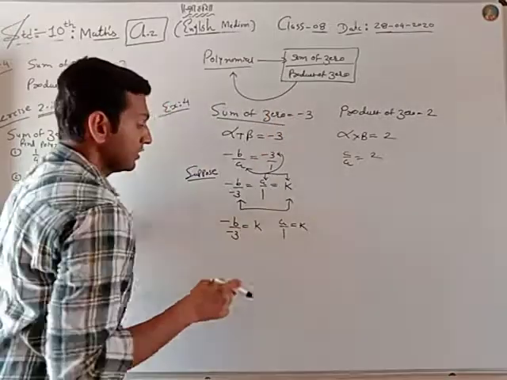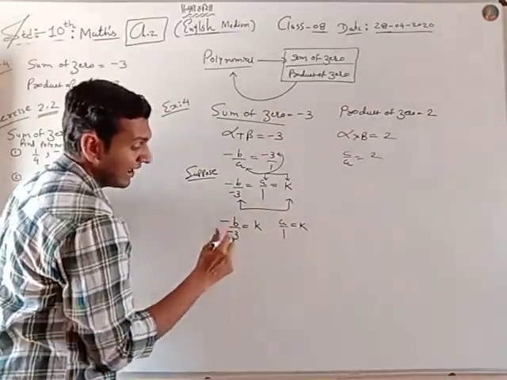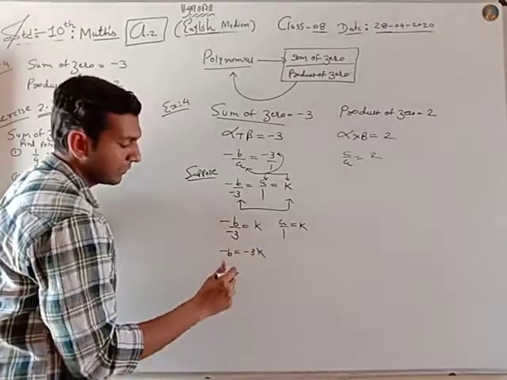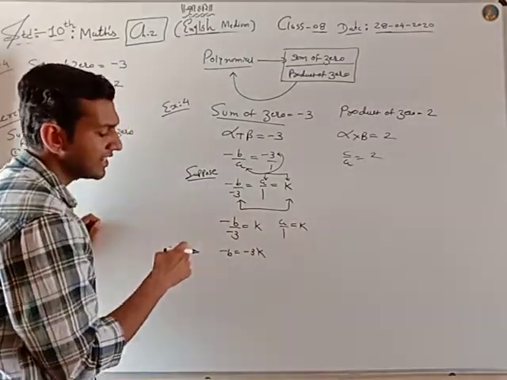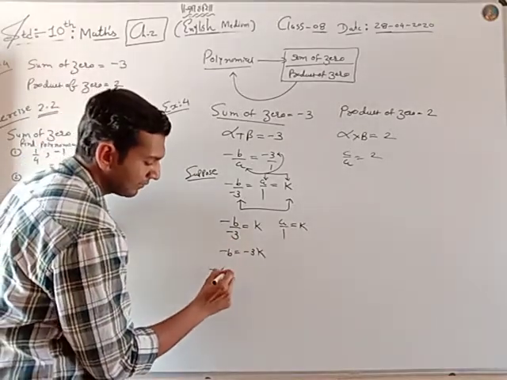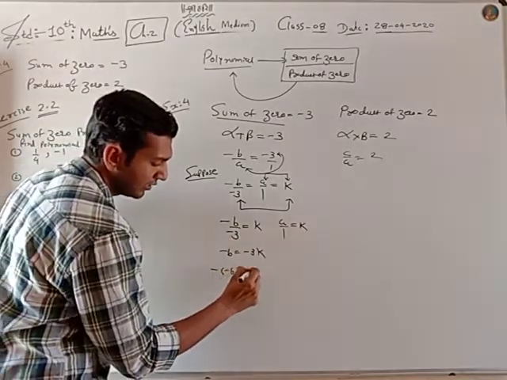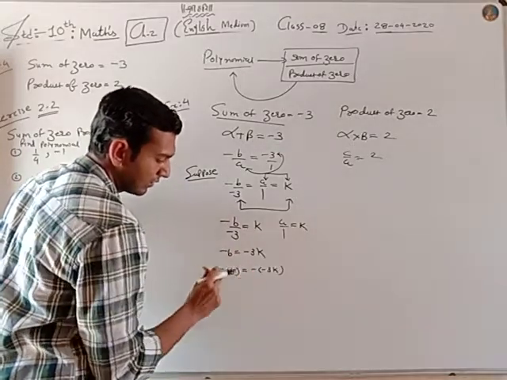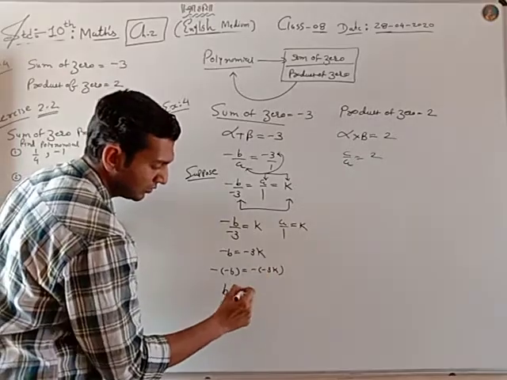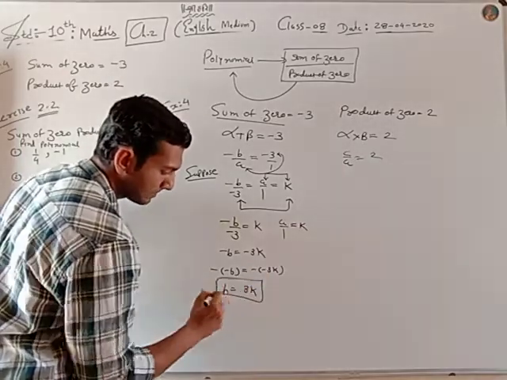So minus b is equal to minus 3k. I want to remove this minus sign, so multiply both sides by minus: minus times minus is plus, so b is equal to 3k.